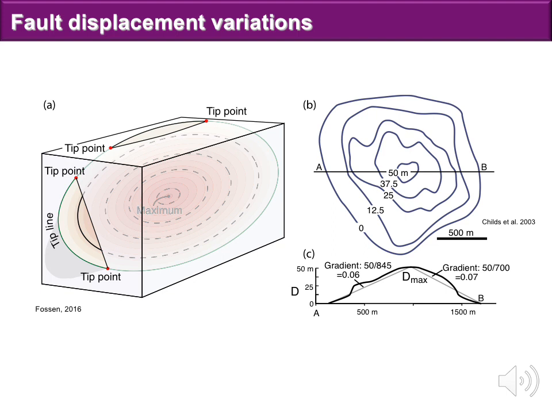Now, if you make a section through that displacement map, you get a graph like the one in the lower right here, displacement increasing towards the central part of the fault. And then you can calculate the gradient from the tip to the center, to the maximum. And this gradient is of interest. Here it's about 0.06. Let's have a look at what that means.